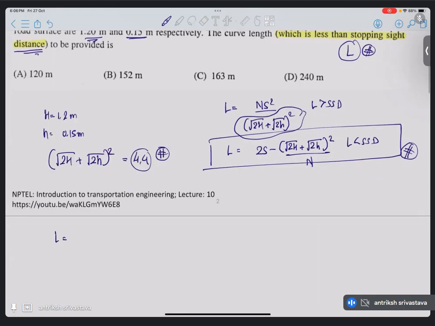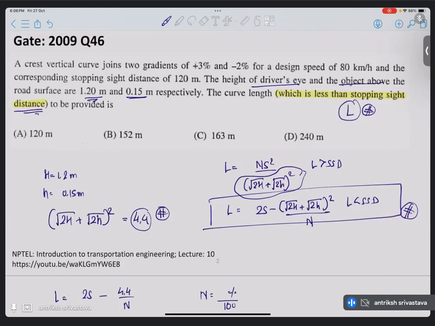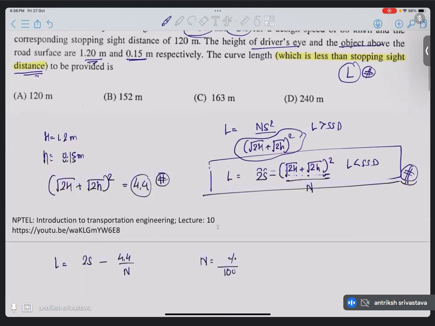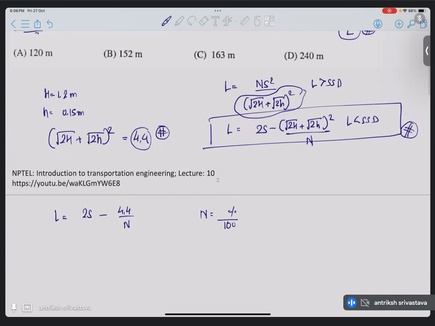L is equal to 2S minus 4.4 divided by N. What is N? N is the absolute value, meaning percentage divided by 100, and it is the difference of the gradients of the two roads that the curve is joining.